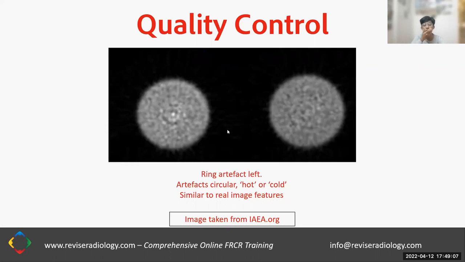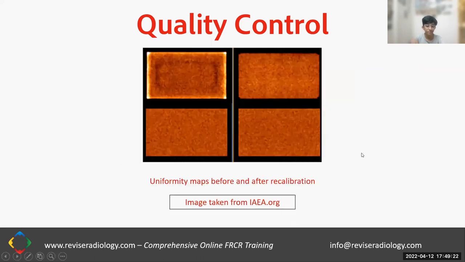The best way to prevent these artifacts is to have very stringent quality control measures and good algorithms, so that these artifacts are eliminated before they reach the image that the radiologist is looking at. So we also do things like calibration. We talked about the different types of mapping which we do in order to prevent artifacts.